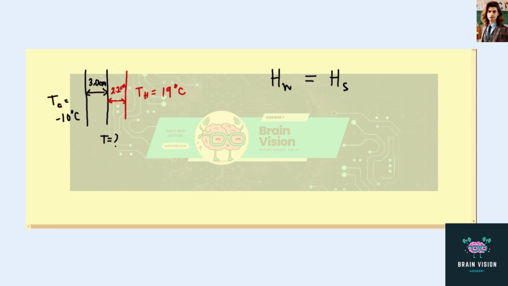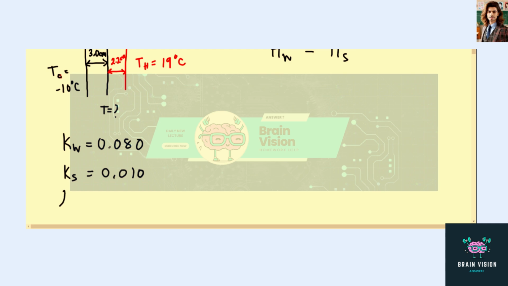Before we do that, I'm just going to list out some givens. We have KW is 0.08. I'm not going to write in the units because everything is in standard units here. The length of the wood is 3 centimeters, so 0.03 meters.